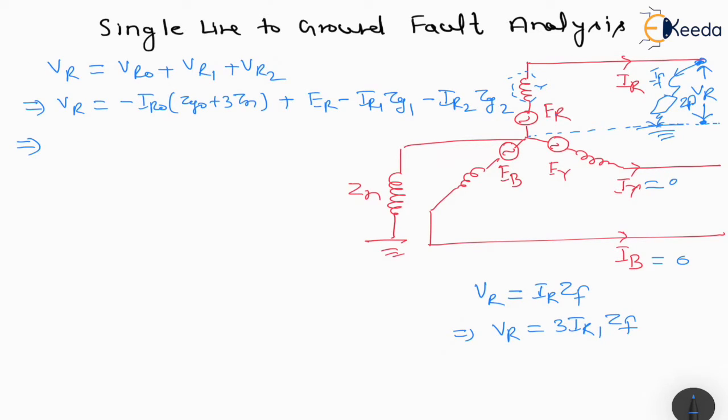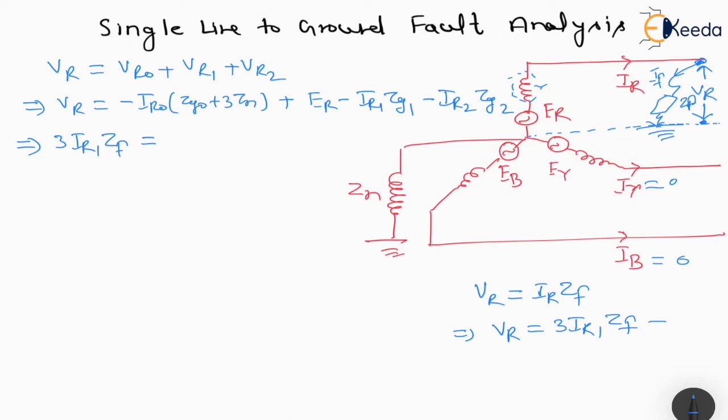So putting this value of IR in the given equation, 3 into IR1 into ZF is equal to, we know that the value of IR0 is equal to IR1 is equal to IR2.